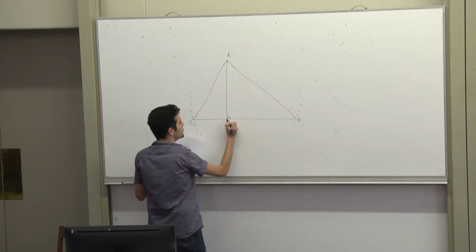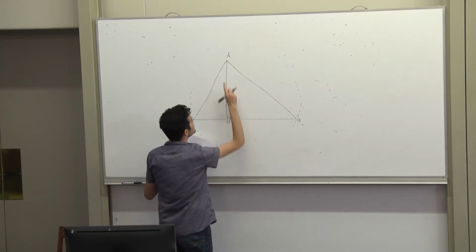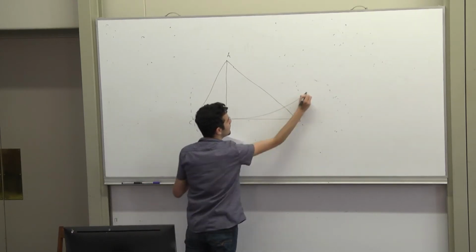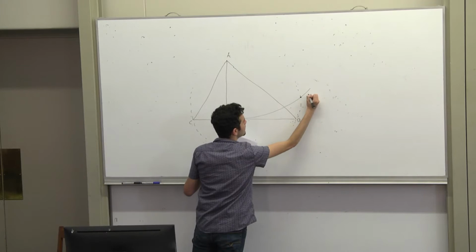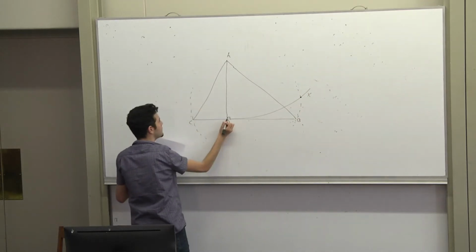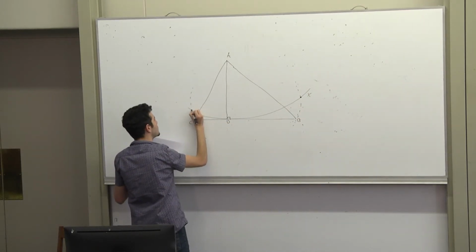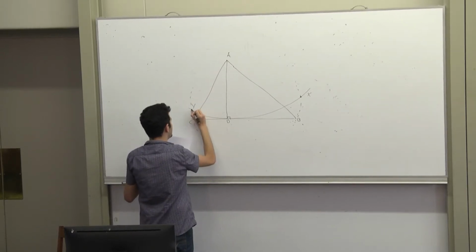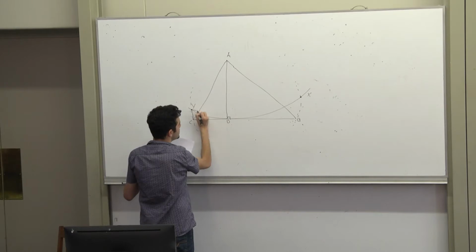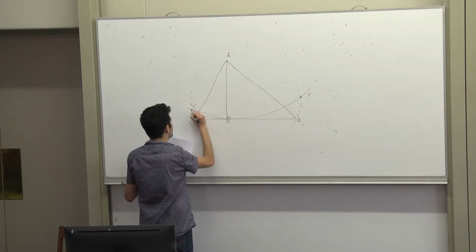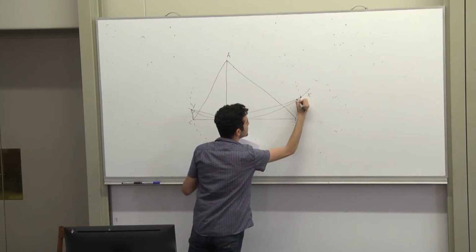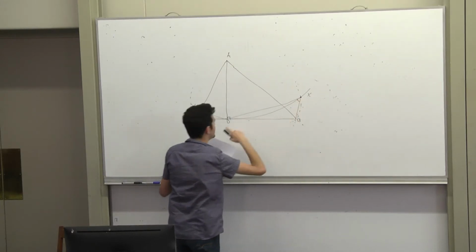And then you draw the circle that's centered at A and tangent to BC at D. It intersects here at X, and intersects here at Y. And then the question is to show that this angle here, CYD, is equal to DXB.